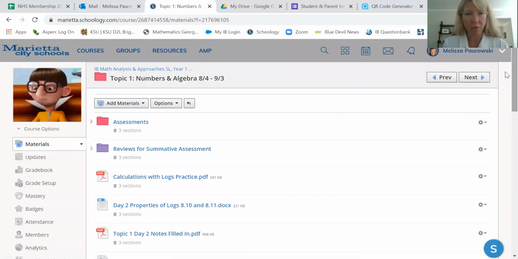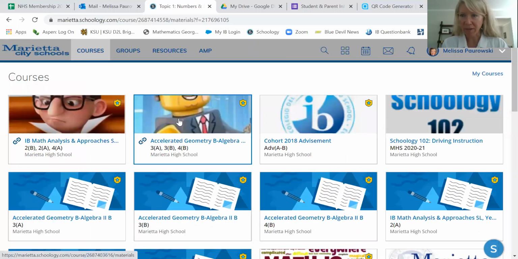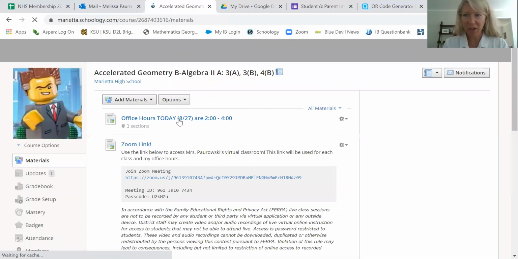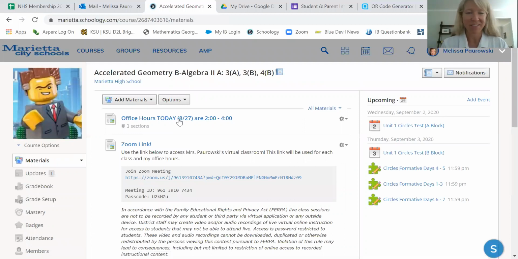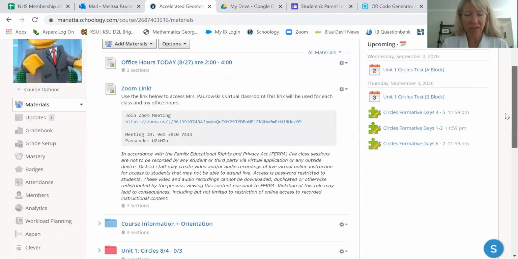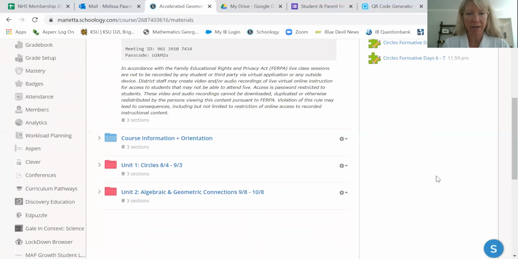And in Accelerated 2, we've got President Business, because this class is business serious, but it's fun too. And again, you'll see the Zoom link and you'll see the folders organized by units. Currently, we are in the circles unit, and the same organization is there for the unit. It's organized by day, filled in notes, and class recordings.